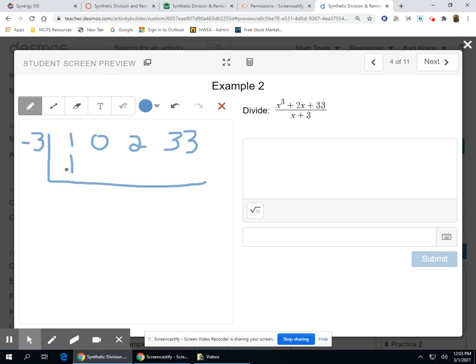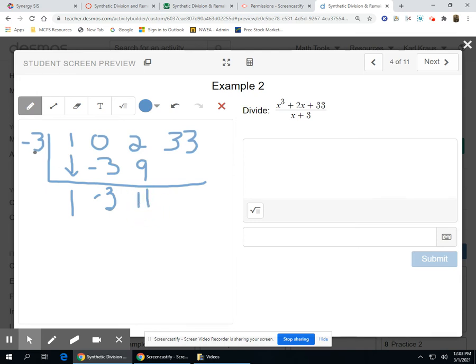So bring down the 1 here. And then multiply. -3 times 1 is -3, add. Then -3 times -3 is 9. Add these two together, get 11.